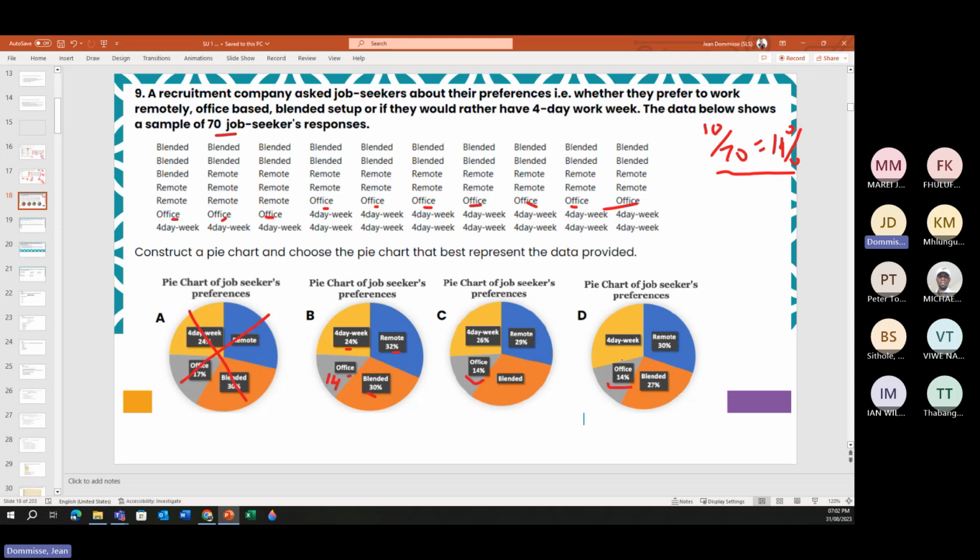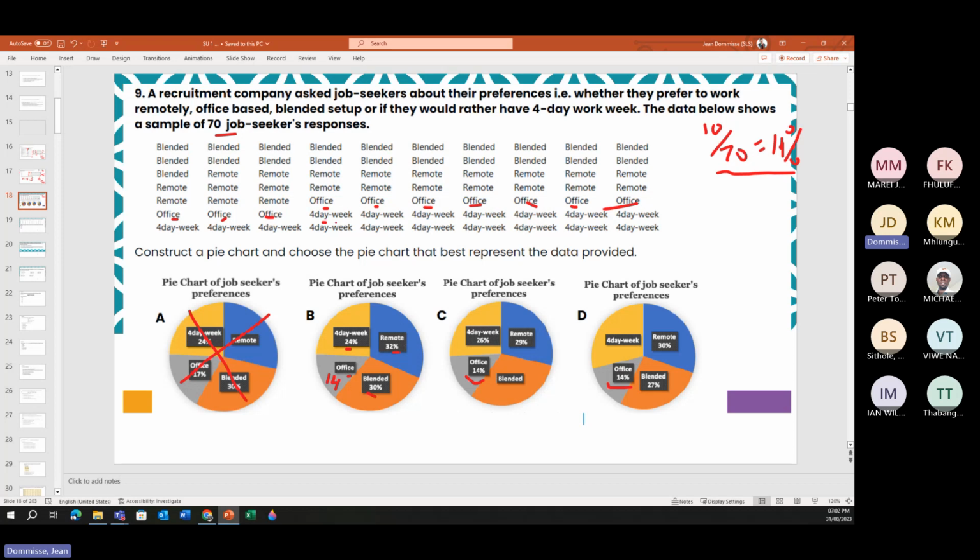So then the next one I would have done is, it looks like your 4-day week might be the smallest, and we definitely see already there's a difference. So hopefully by going 4-day week, we might eliminate another one.